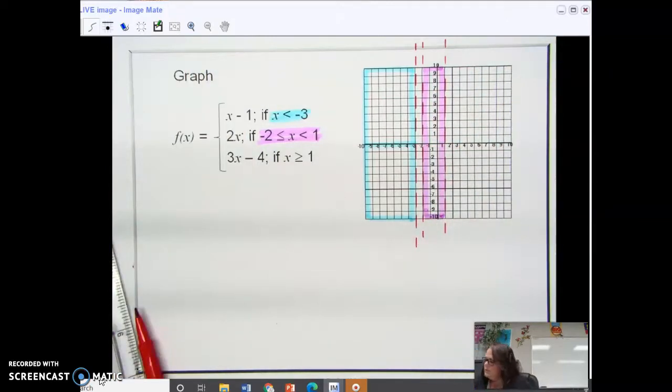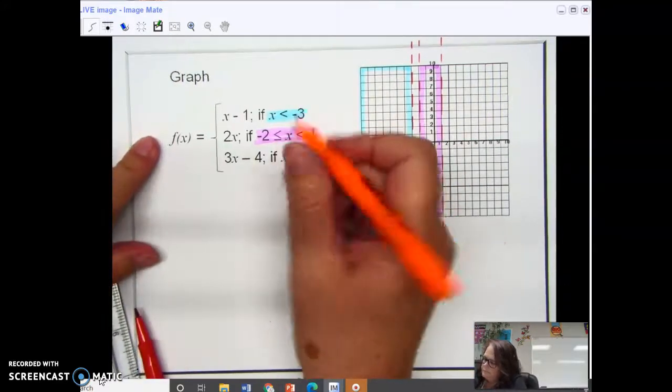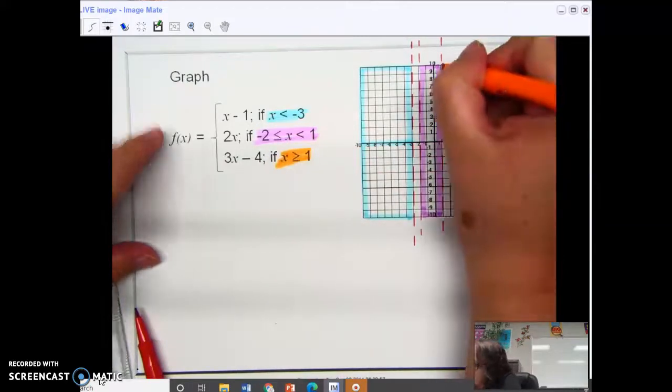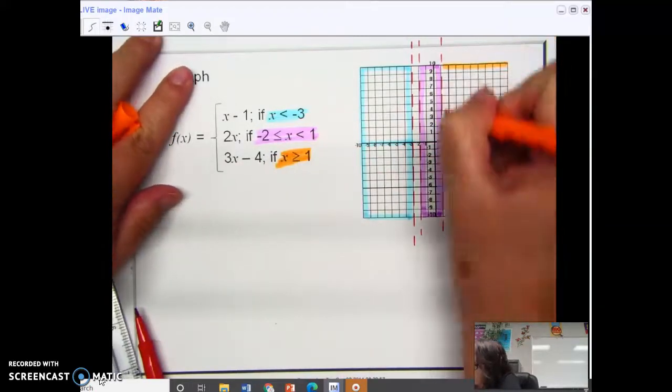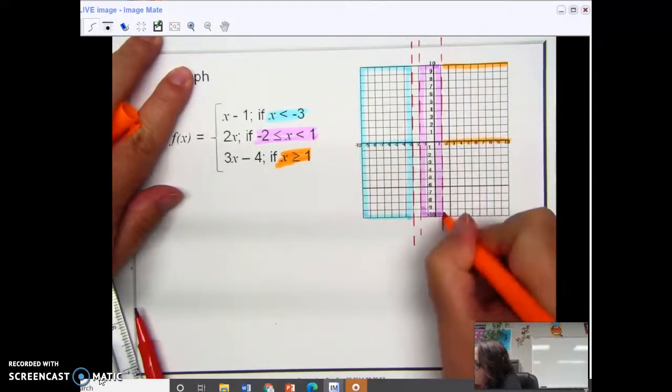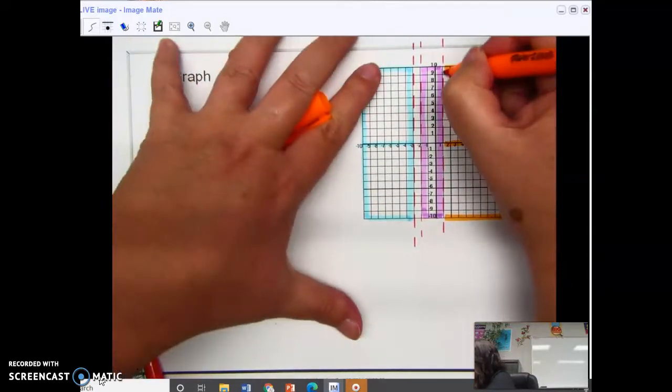And then the last one, I still have a boundary at x is greater than or equal to 1. And so that's going to be everything to the right of that line at x equals 1.